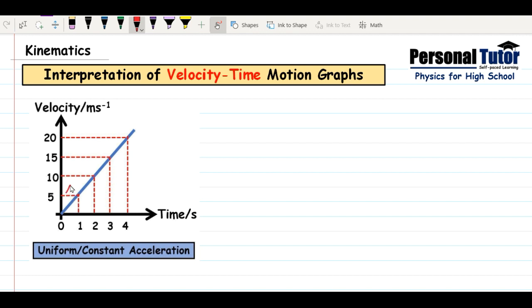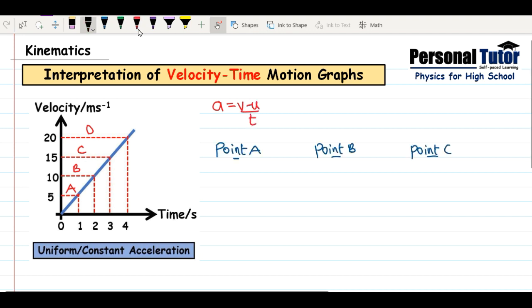Let's call this one point A, point B, point C, and point D. The acceleration A still remains at v minus u over t. Let's start from point A. The initial velocity for point A is 0 meter per second.